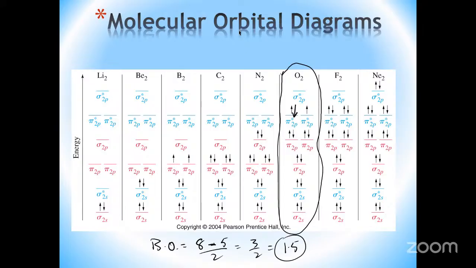Remember, diamagnetic means that all the electrons are paired up. Paramagnetic means that there's at least one unpaired electron present in the structure. So in this case, would it be diamagnetic or paramagnetic?